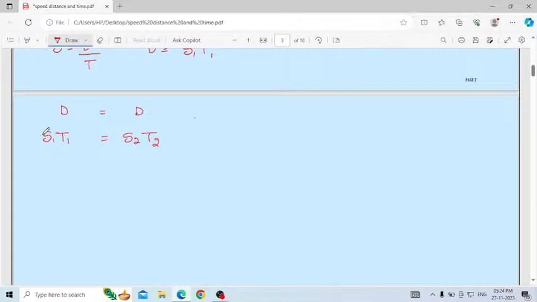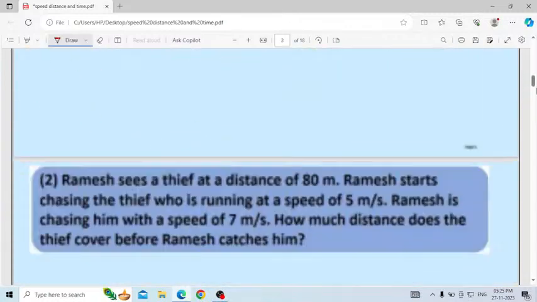S1 T1 is the original speed and original time. Then original S1 is equal to S1, write it as it is. Then S2 is 9 by 5 times of S1, already we know. Then T2 is T1 minus 30, correct? Yes, let us check. T1 minus 30.